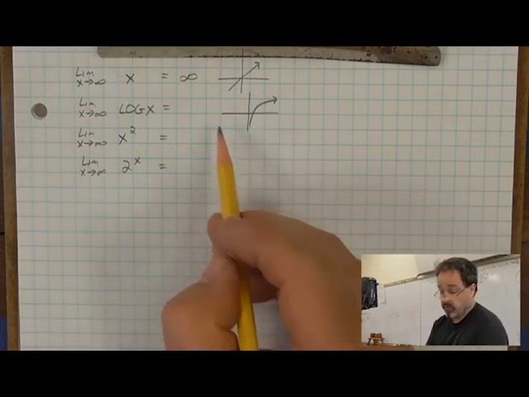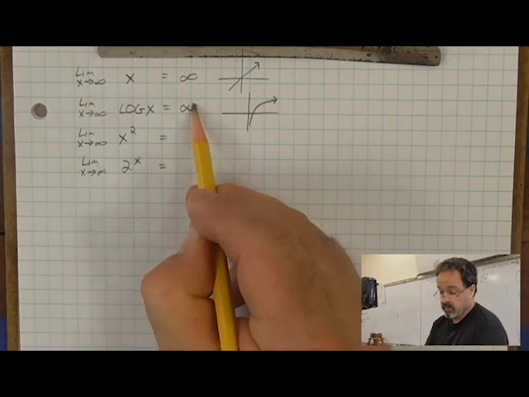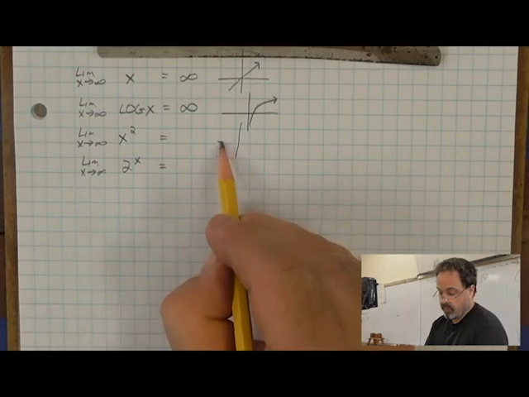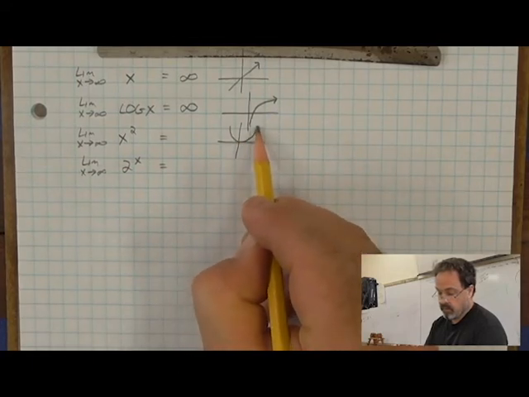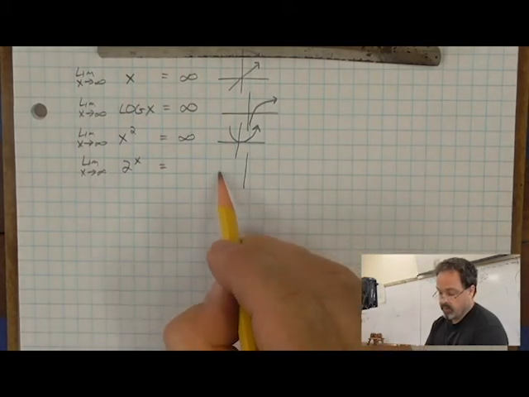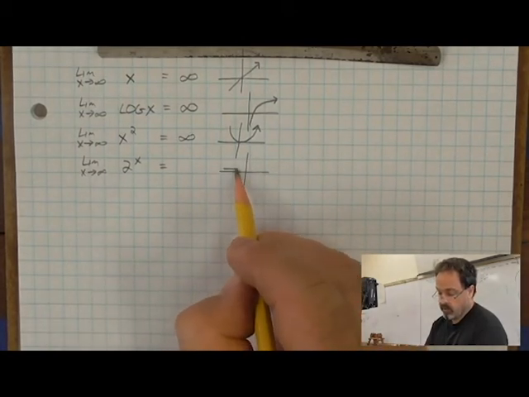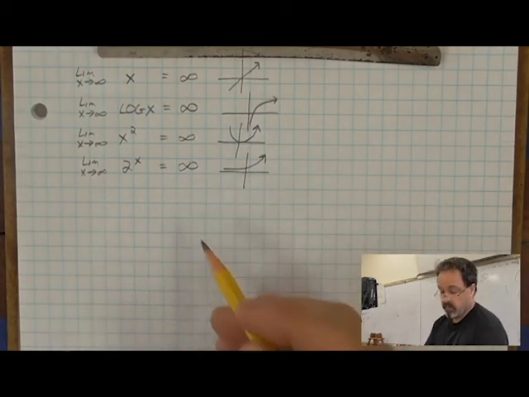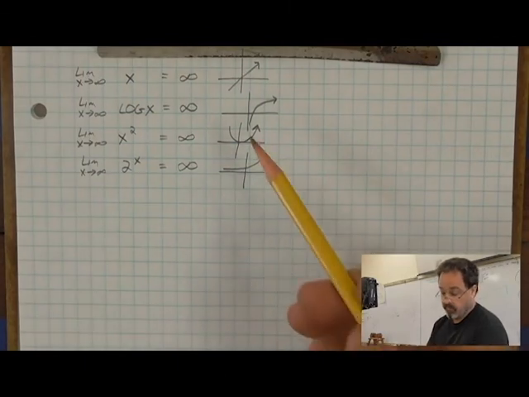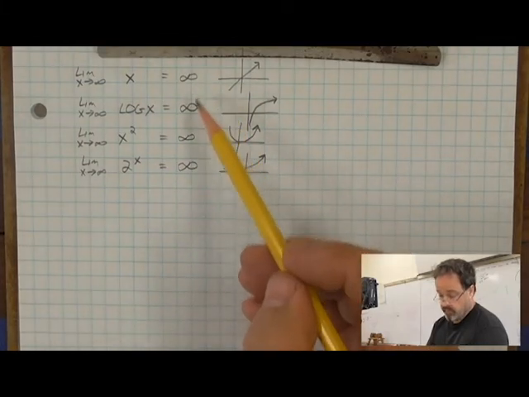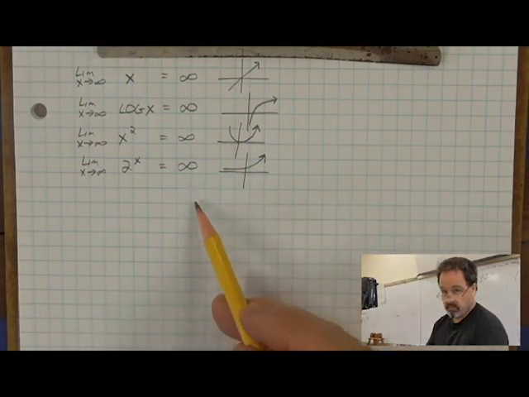Even though they grow slowly, the limit of log is infinity. And the limit of a quadratic function is infinity. And an exponential, as x gets arbitrarily large, also goes up, and its limit is also infinity. We have 4 different kinds of functions, and these 4 kinds of functions increase and keep growing.